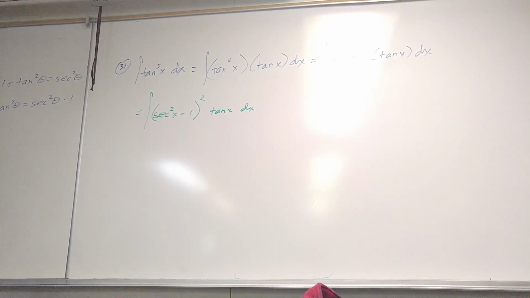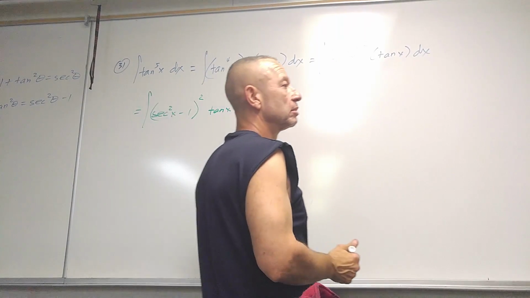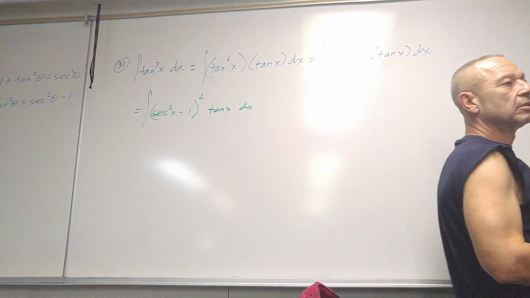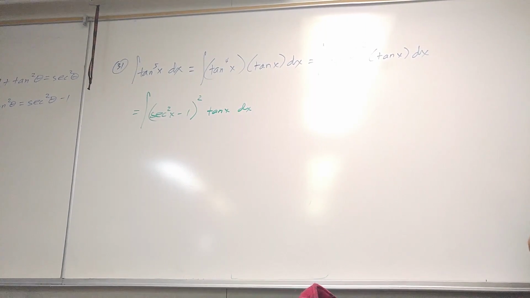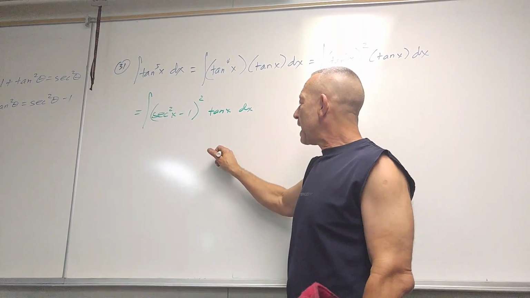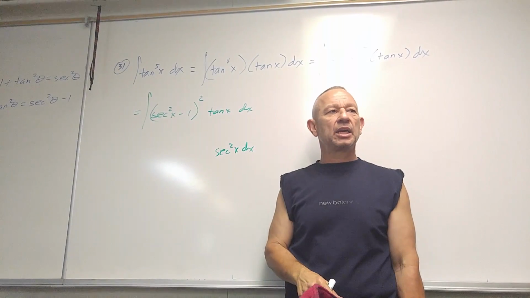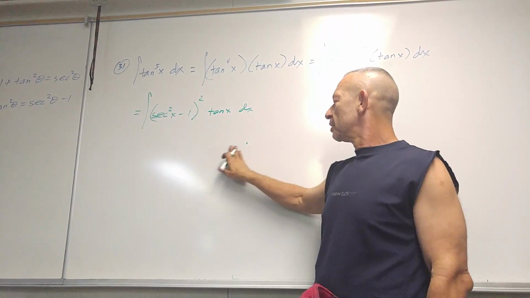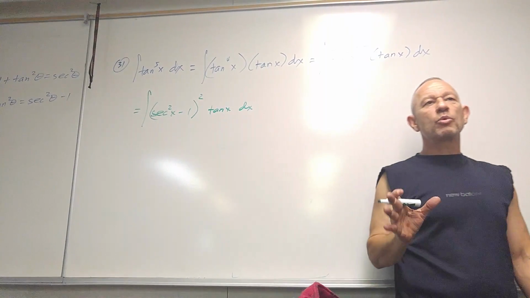How? U equals tan? Well, if I let u equal tan, what I would need to have is a secant squared x dx. I do not have that.